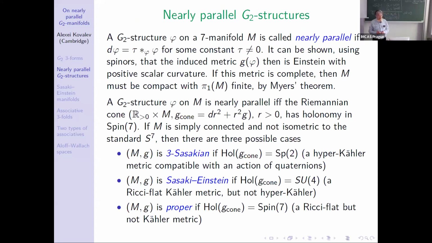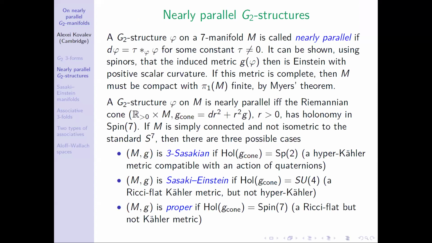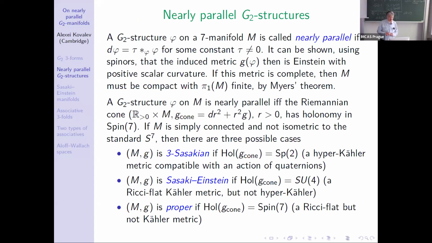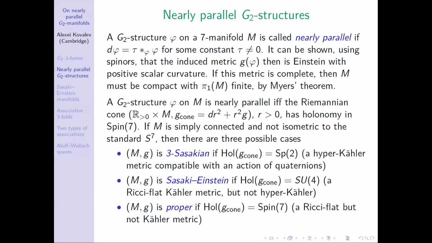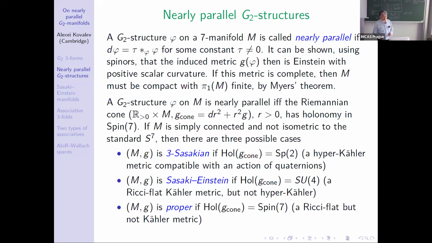I'm assuming irreducibility of the holonomy of the cone. Yeah, of the cone. Otherwise, if you assume that the manifold M is complete, then this irreducibility holds automatically. Yes, indeed. If it's complete, then finite, and then we have the Berger classification.